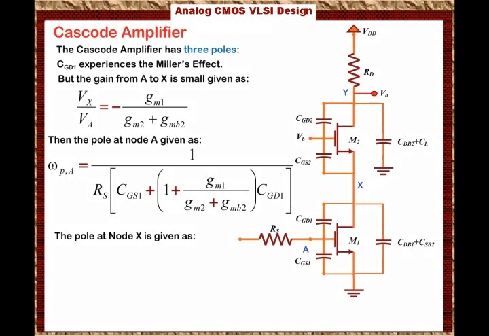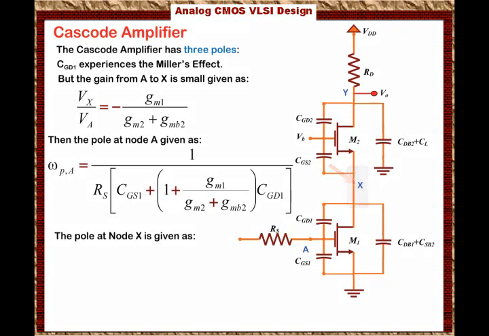Then what we have to do now is calculate the equivalent capacitance at that node. The equivalent capacitance at that node is basically 2 times CGD1, that is the Miller effect at that node, plus CDB1 plus CDB2 plus CSB2. So these are the capacitances looking from the drain to ground, plus the capacitance looking from the gate to the source of M2, which is CGS2, because the gate of M2 is grounded.